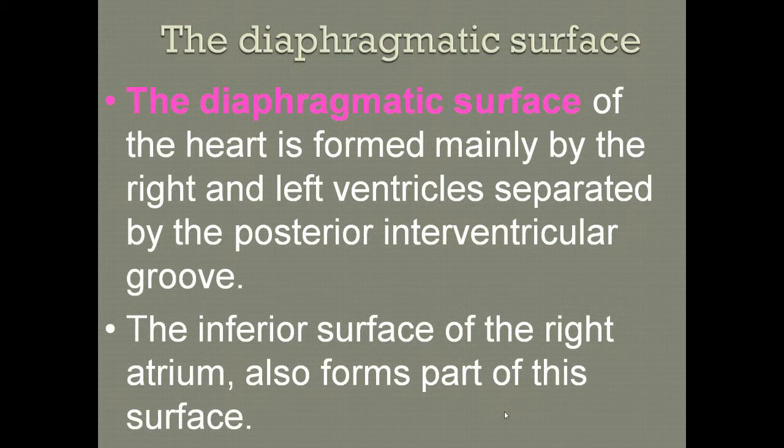Diaphragmatic surface of the heart is formed mainly by the right and left ventricles separated by the posterior interventricular groove. The inferior surface of the right atrium also forms part of this surface.